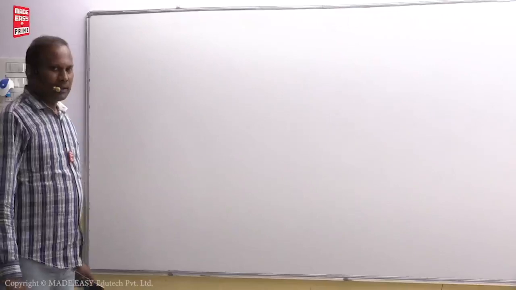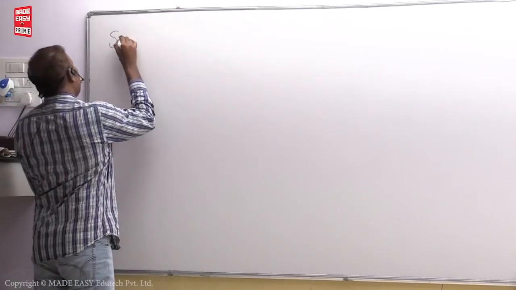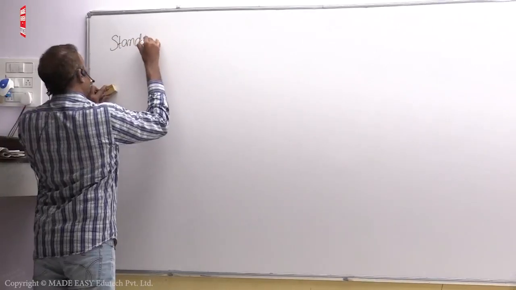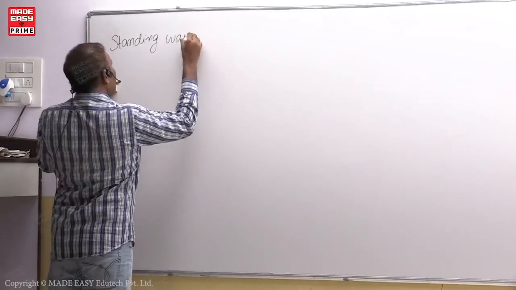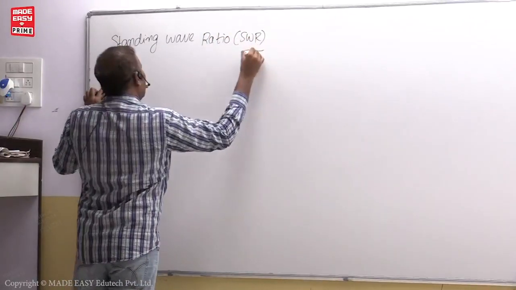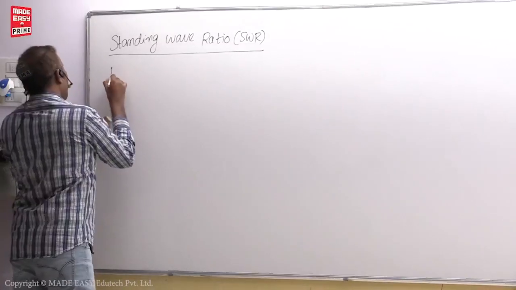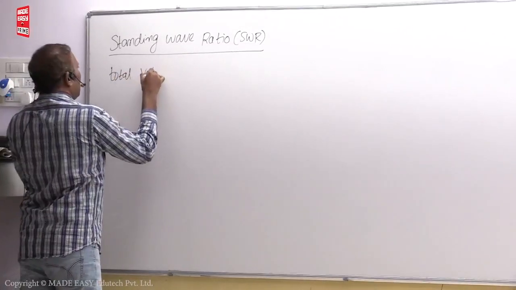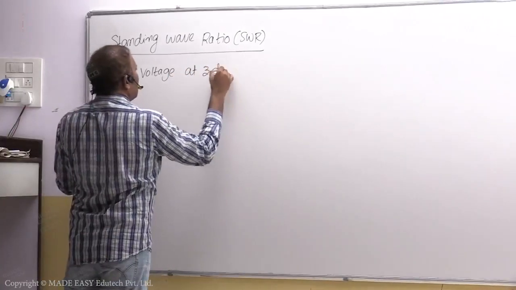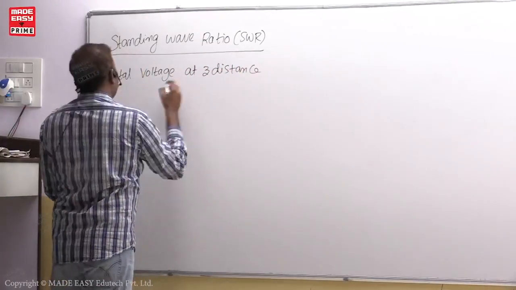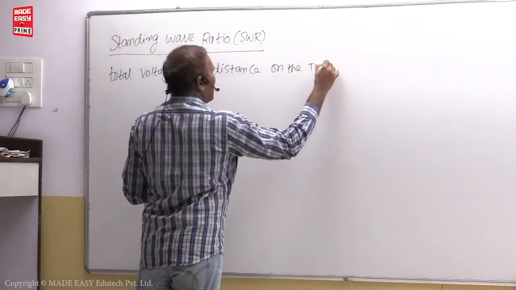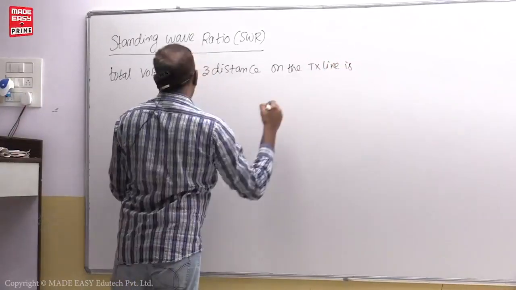So now let us discuss standing wave ratio, SWR. Now already you have seen the total voltage at z distance on the transmission line in steady state.